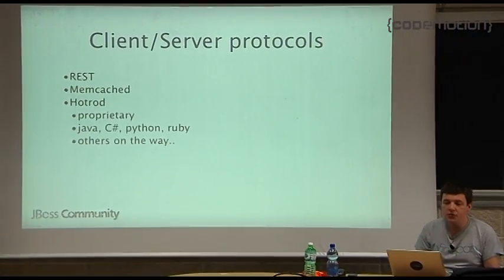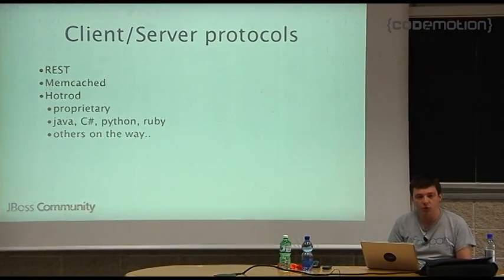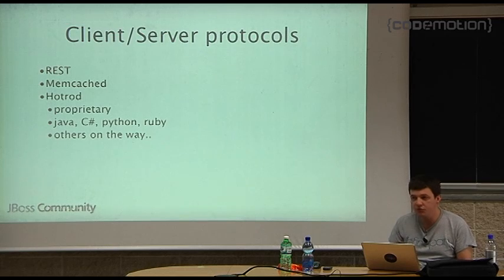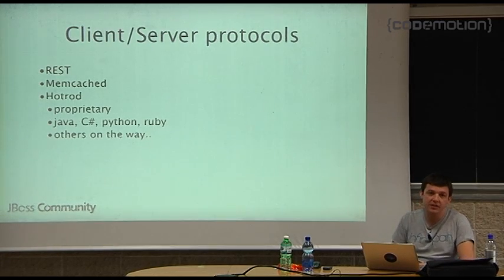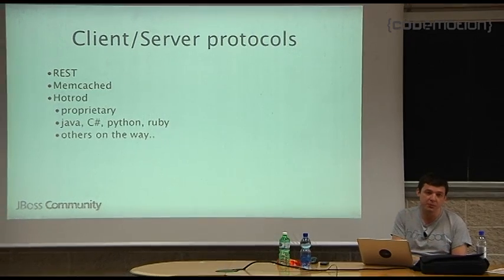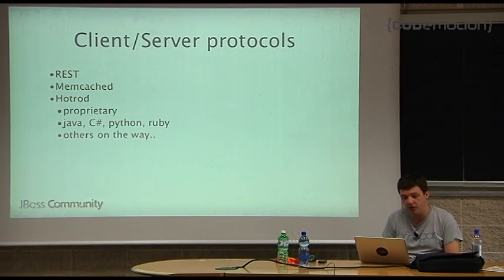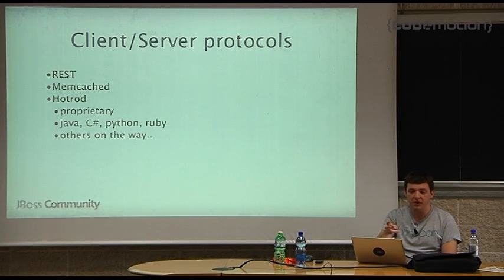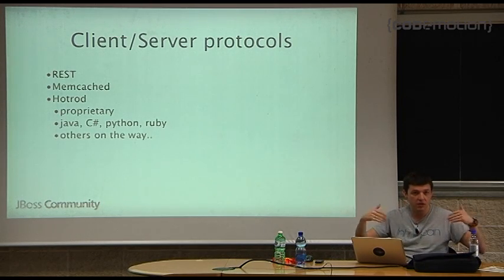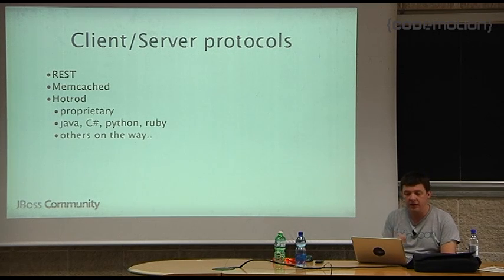And we also have our very own protocol, which is called Hot Rod. It's an open protocol. It's proprietary in the sense that it was designed especially for Infinispan, but it's an open specification. It's binary, whereas both REST and memcached are text protocols, so the size of the data or the meta information is quite high. With Hot Rod the payload is quite small.